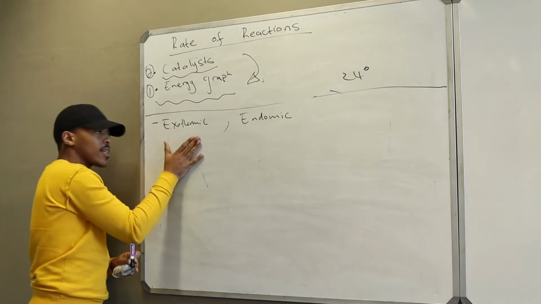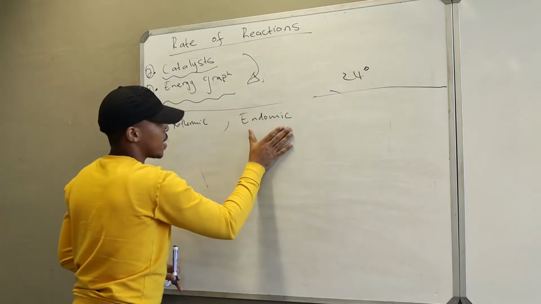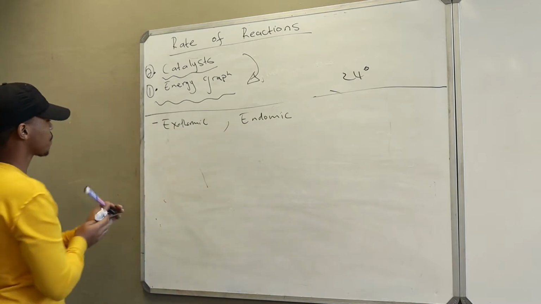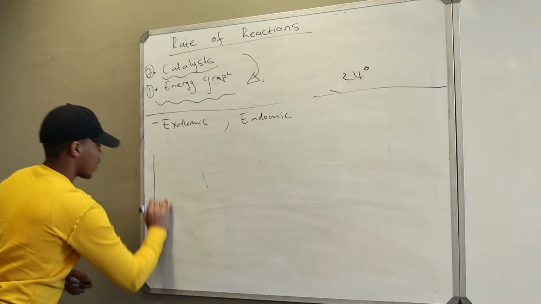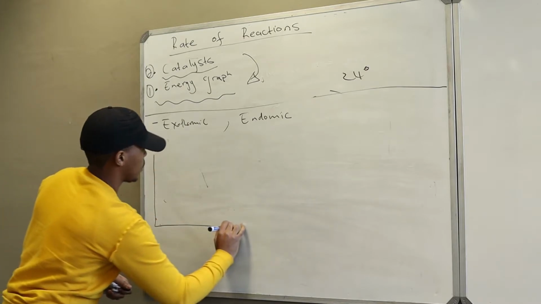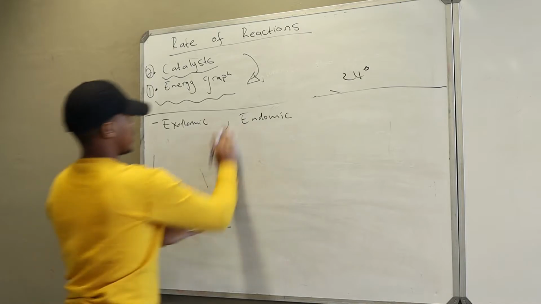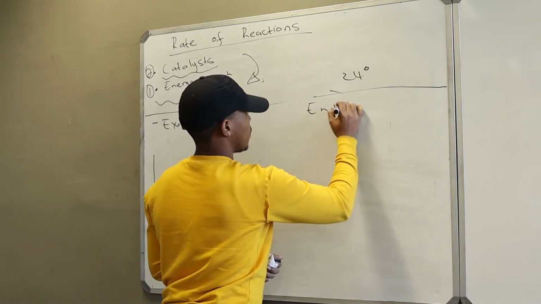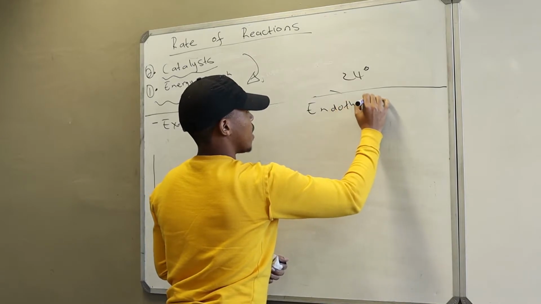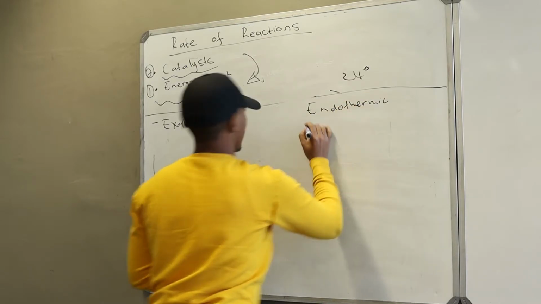What's the difference between an exothermic reaction and an endothermic reaction? Okay, let's begin. Let's have a graph for an exothermic reaction, and let's have a graph for an endothermic reaction.